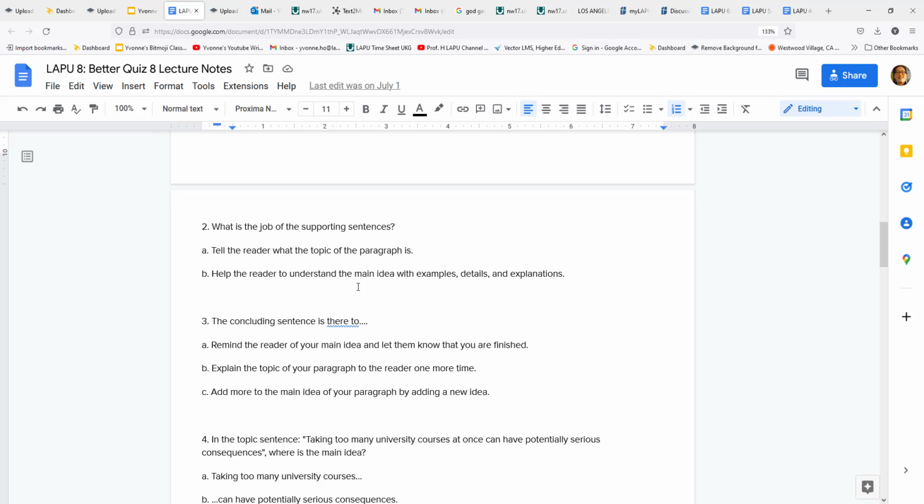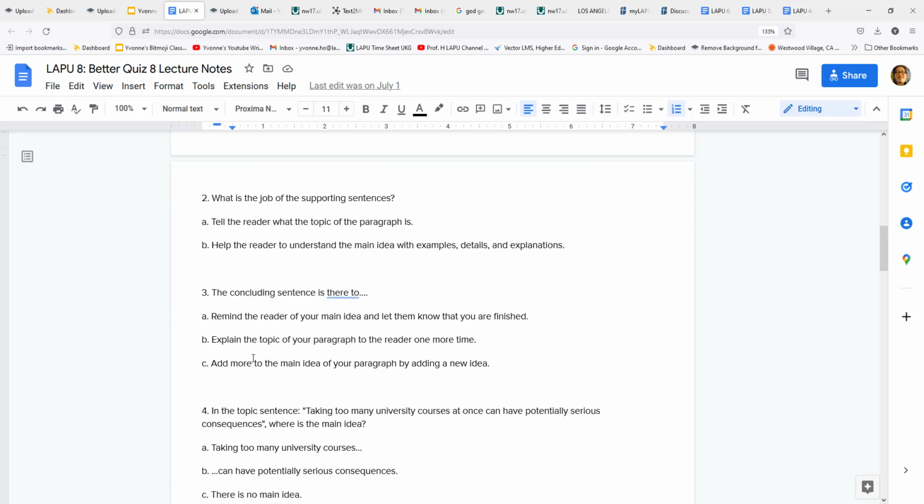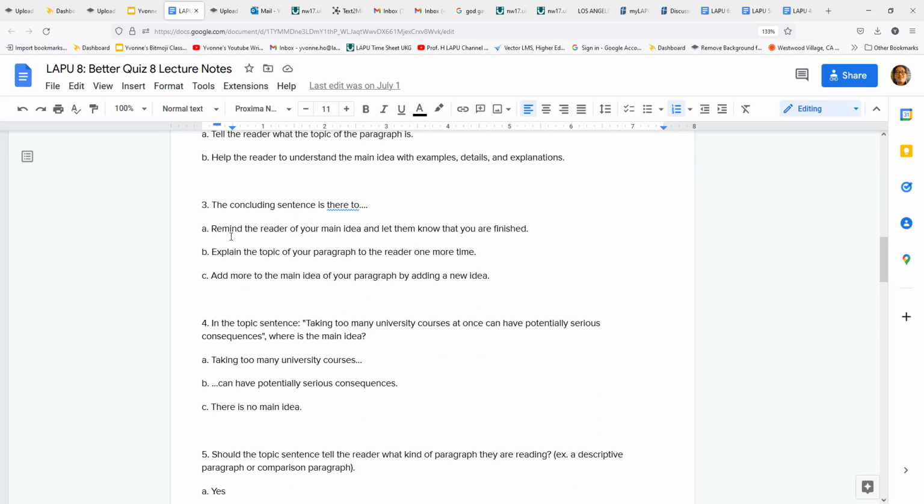And so your supporting sentence helps the reader to understand the main idea with examples, details, and explanations. The concluding sentence is there to remind the reader that your paragraph is finished. And usually your concluding sentence transitions to the next paragraph, indicating that the paragraph that you're writing is finished.